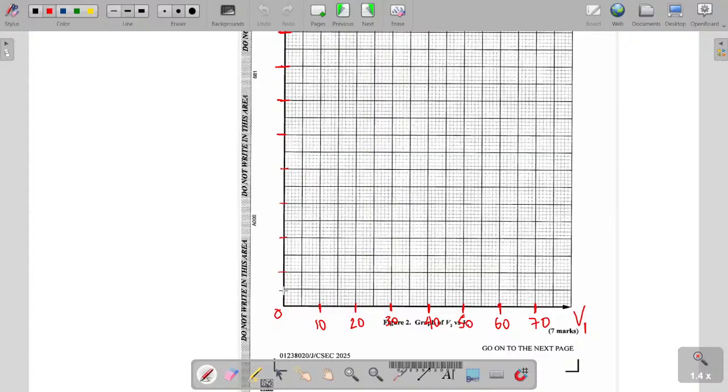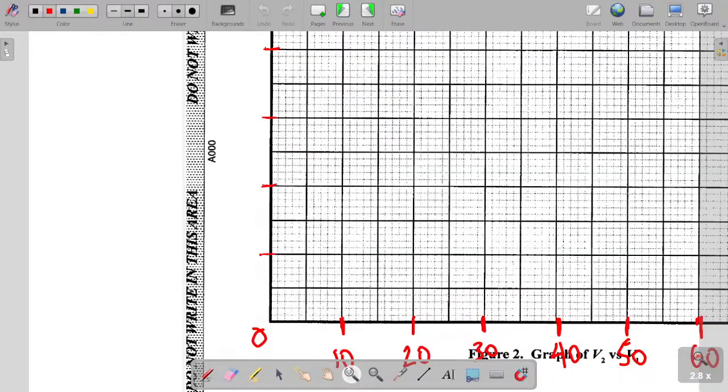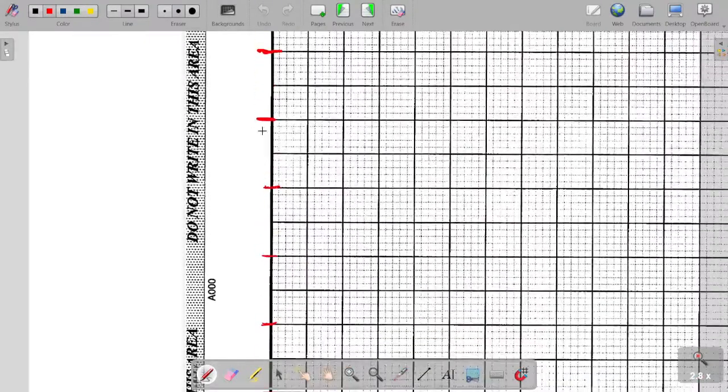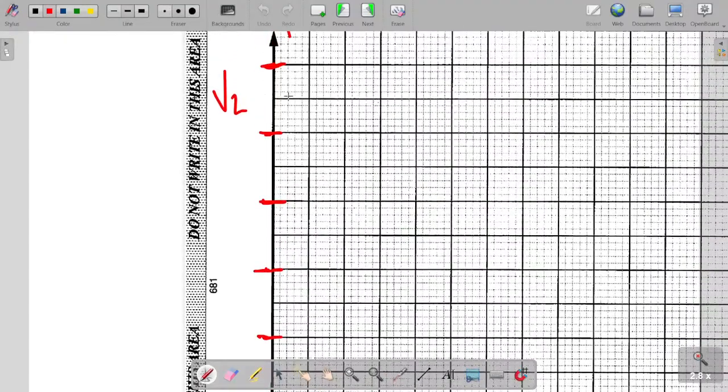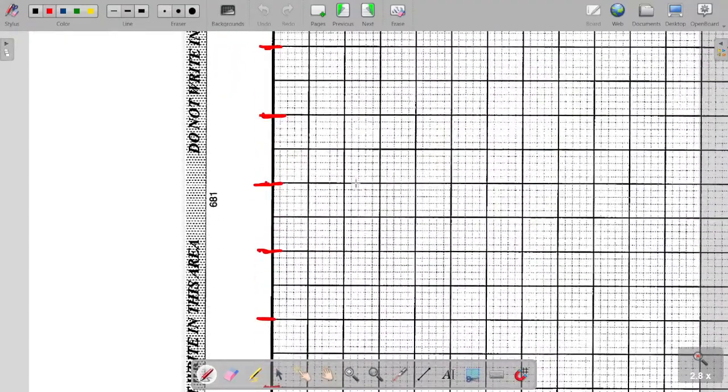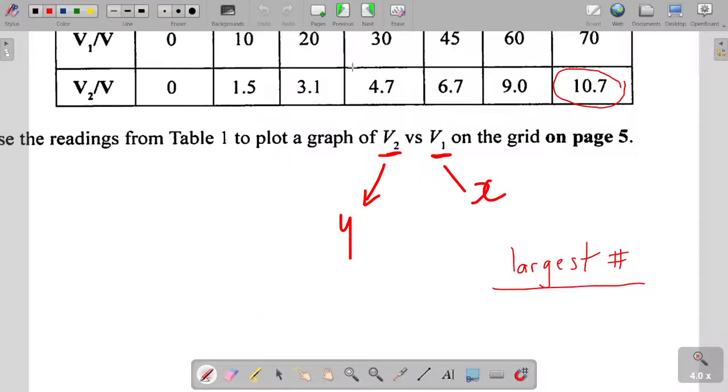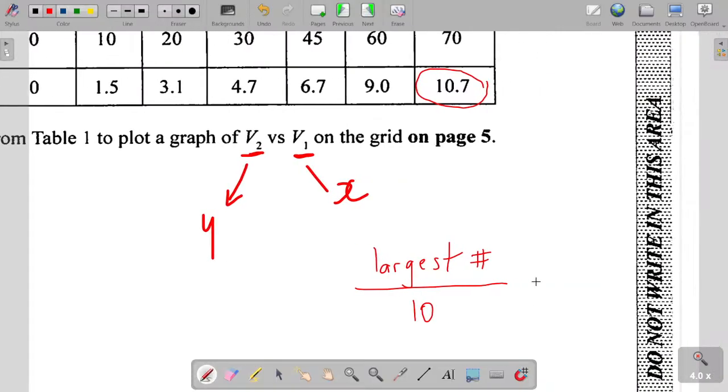Here 2 boxes represent 1 division, so I'm going to count 1, 2, 3, 4, 5, 6, 7, 8, 9, 10. So I have 10 divisions on my y-axis, so that means I'm going to divide the largest value by 10. So my answer will be 10.7 divided by 10.